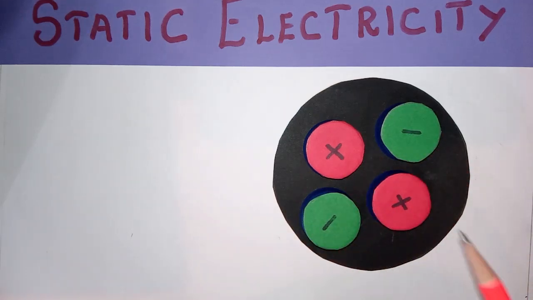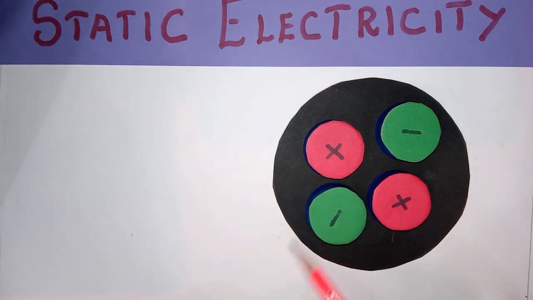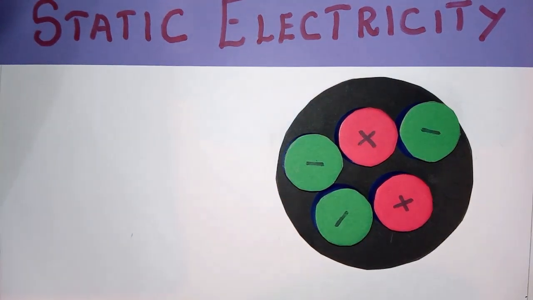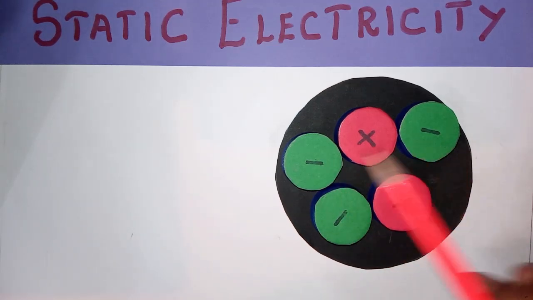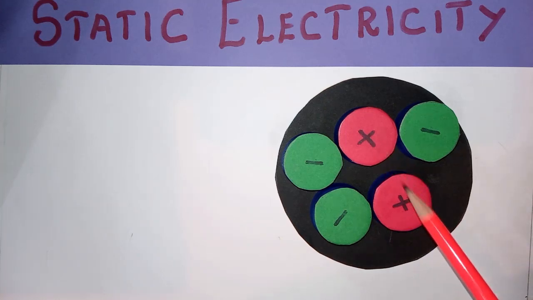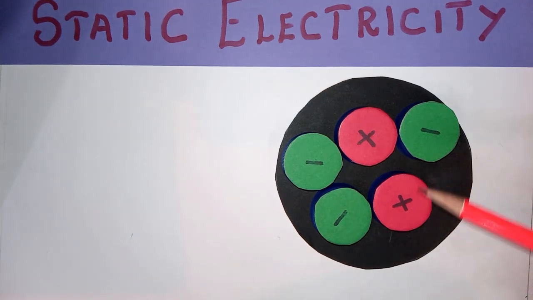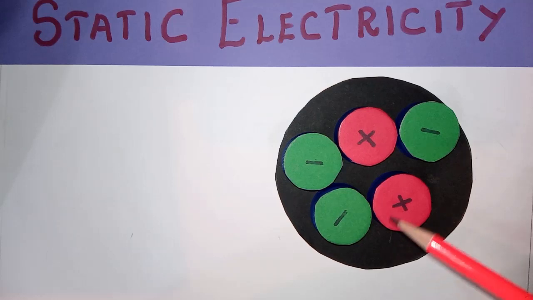How can we charge this negatively? When an object gains electrons, it becomes a negatively charged object. Look, how many electrons are there? 3. Only 2 protons. So excess electrons. When an object gains electrons, it becomes negatively charged.